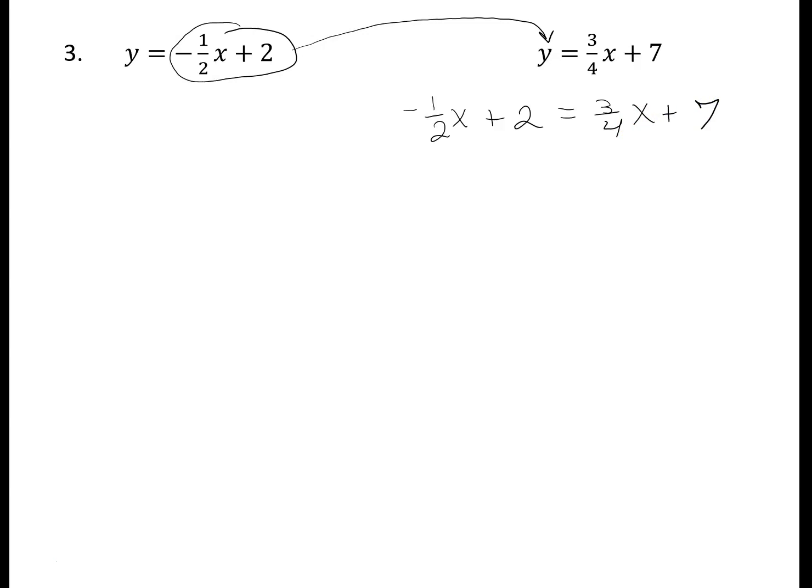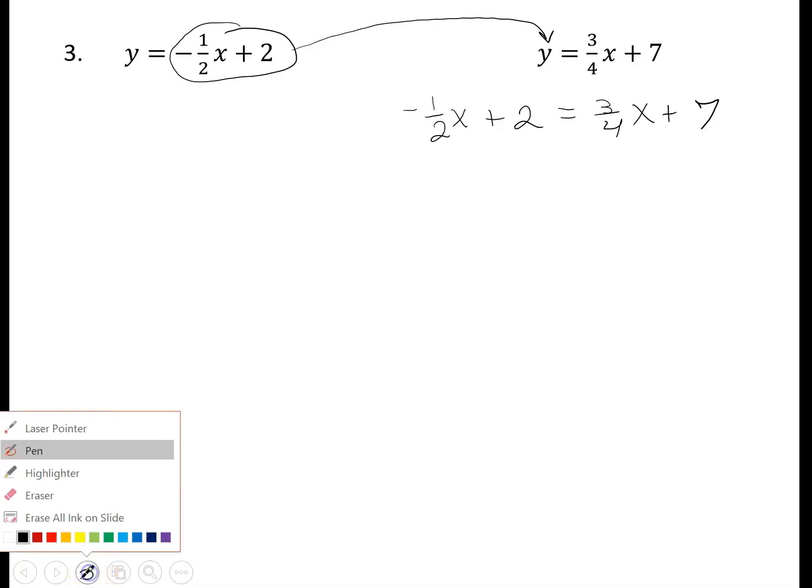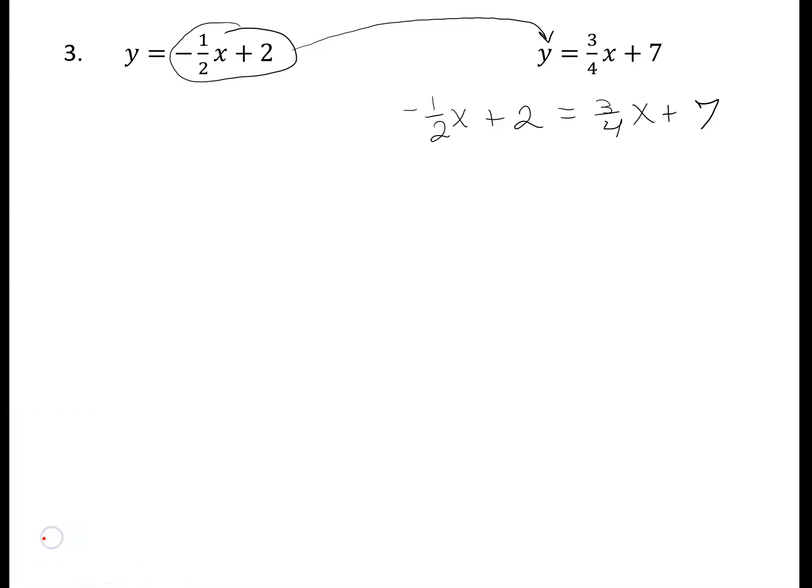And now it only has an x in it, so we need to solve it for x. To solve for x, let's start by clearing out the fractions. Our LCD here is 4, so I'm going to multiply every term by 4.